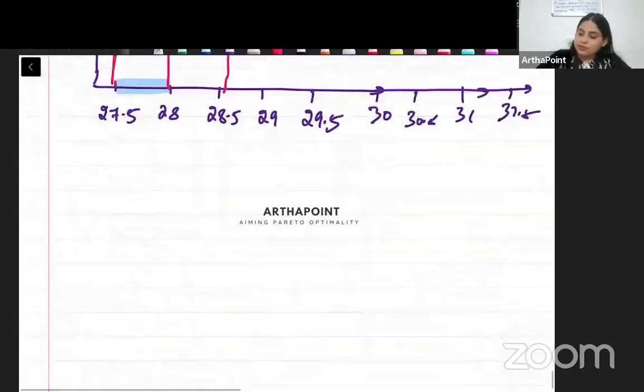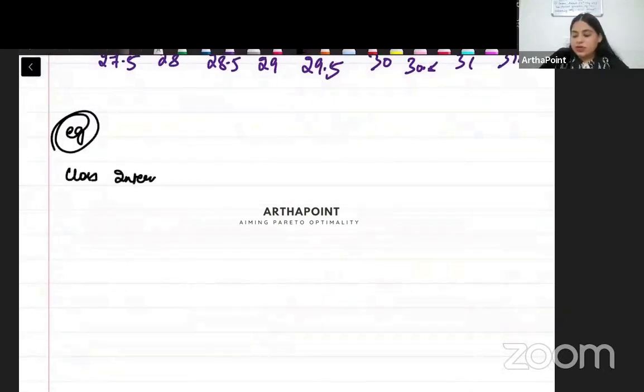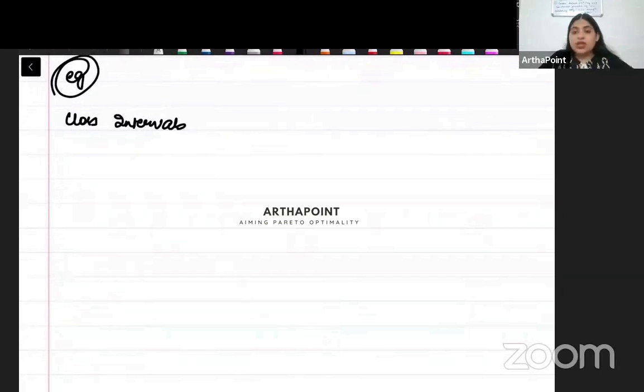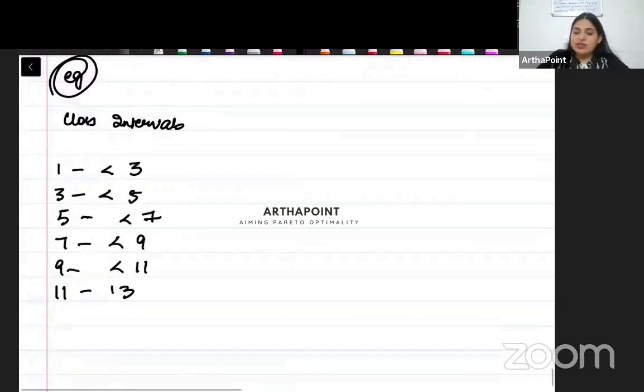Let me give you an example. So write down example. Let's say that I have class intervals given to me. Class intervals से अपने आप आपको ये hint मिलना चाहिए that this is a continuous data set that you are working with. So my class intervals are given to you 1 to less than 3, 3 से लेके less than 5 तक, 5 से लेके less than 7 तक, 7 से लेके less than 9 तक, 9 से लेके less than 11, and 11 से लेके less than 13. Keep writing, ऐसा कुछ आपको दिया हुआ.